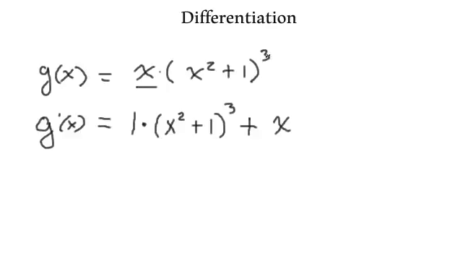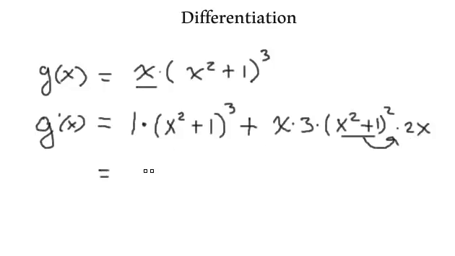So this one, remember, we take the derivative of this guy right here, we take the 3, bring it out front, rewrite everything in parentheses, subtract 1 from the exponent, you get 2, and then we do the chain part. We take the derivative of the inside of what's in parentheses and bring it out. So the derivative of x squared plus 1 is 2x, right? Derivative of x squared is 2x.